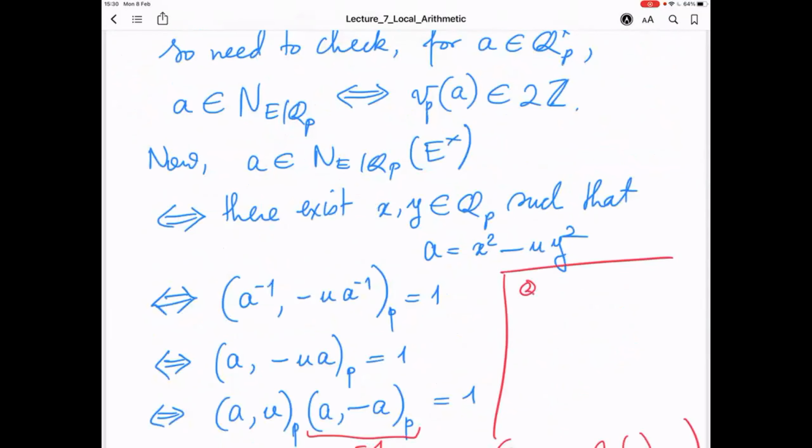You have Q_p star, the valuation v_p takes you to Z, and then you can go to Z modulo 2Z, and this is isomorphic to {±1}.